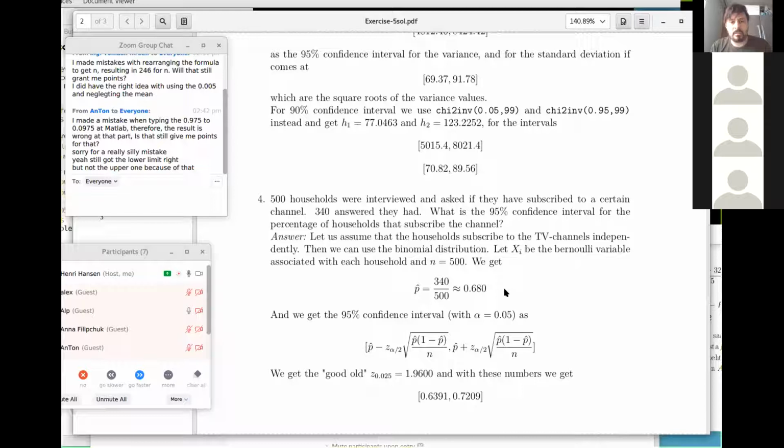This hat p means that now this is the estimate of p, and the estimate for the variance, which was n times p times 1 minus p, right?